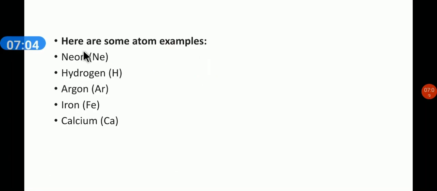Here we can see some examples of atoms: neon, hydrogen, argon, iron and calcium.